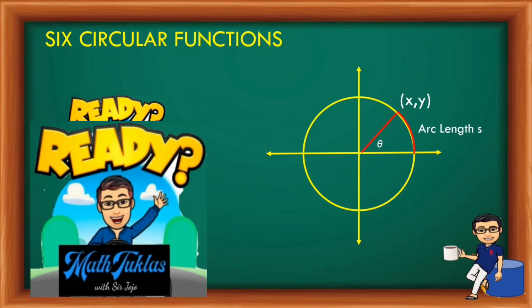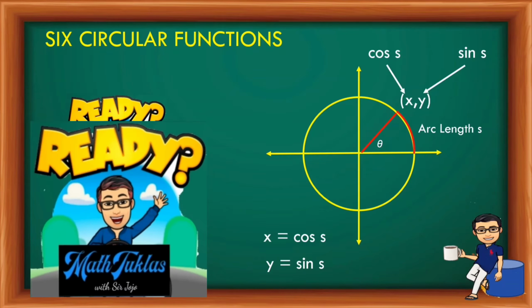But to begin, unahin natin yung unang dalawa, since we have (x, y), which is also equal to (cosine s, sine s). Hence, x is equal to cosine s and y is equal to sine s. So yan yung dalawa sa 6 circular functions.